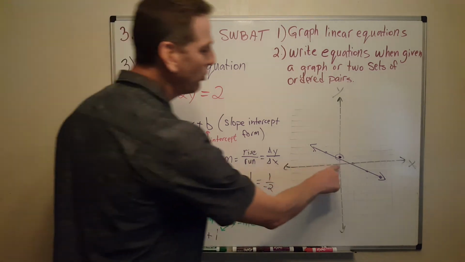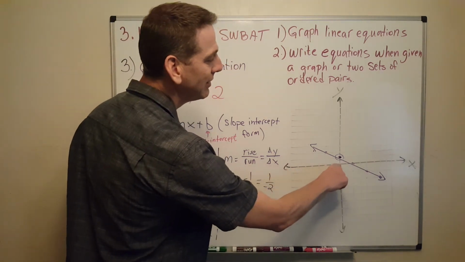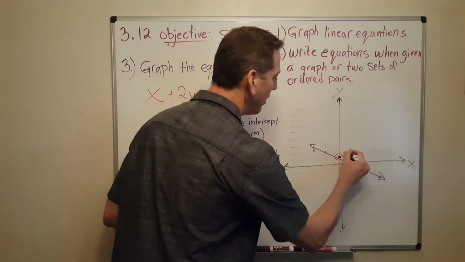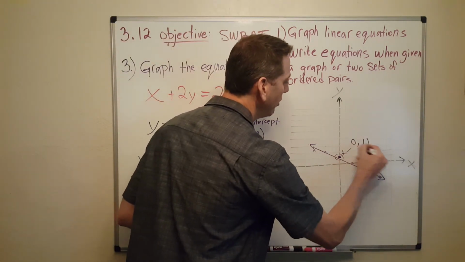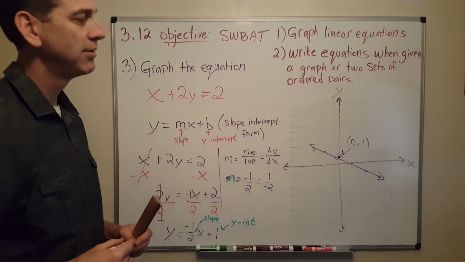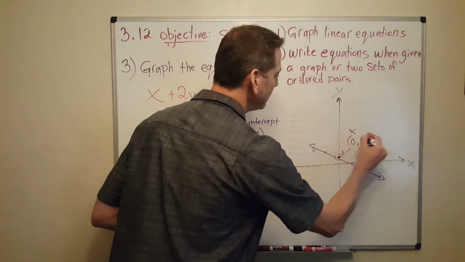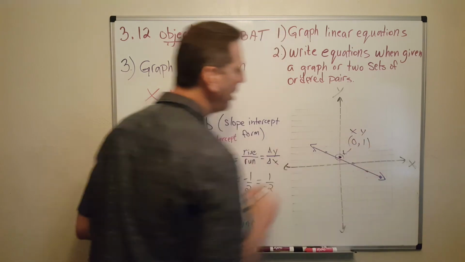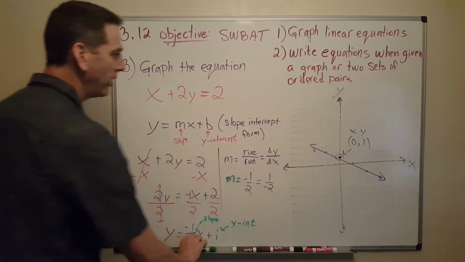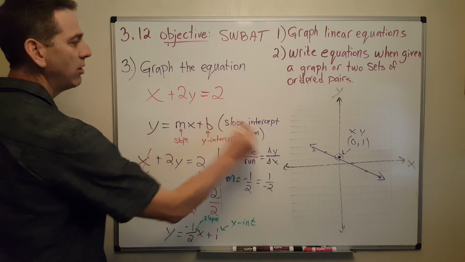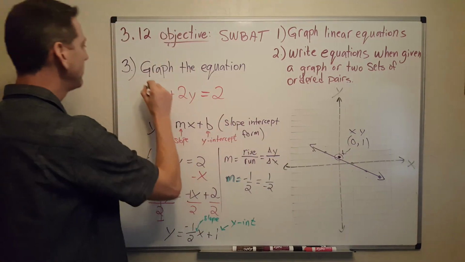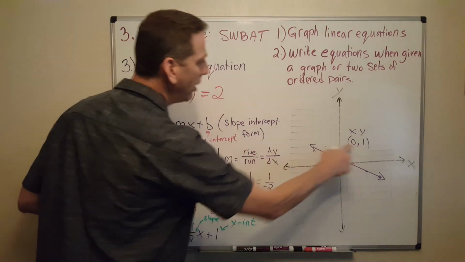Okay, what's the ordered pair there? The ordered pair is 0, 1. Okay, well, let's see if that works. That means that my x is 0 and my y is 1. So let's go ahead and put in a 0 for x, and a 1 for y.